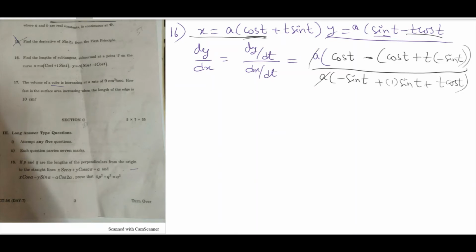A gets cancelled here. That equals cos t minus cos t is 0, and minus into minus becomes plus, t sin t by t cos t, that equals tan t, which is dy by dx.